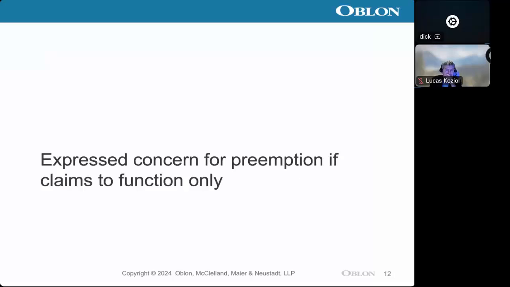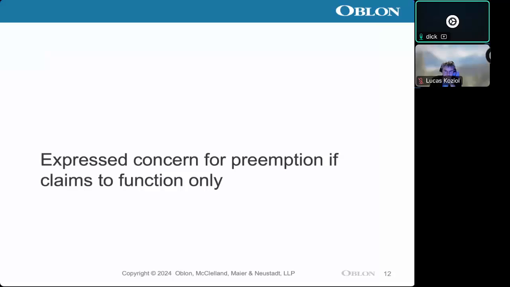Now, what was expressed by Justice Story was a concern for preemption if claims are to function only. That is, if you only have a functional claim, and that was to be allowed to stand, it would give you dominion over the whole field.